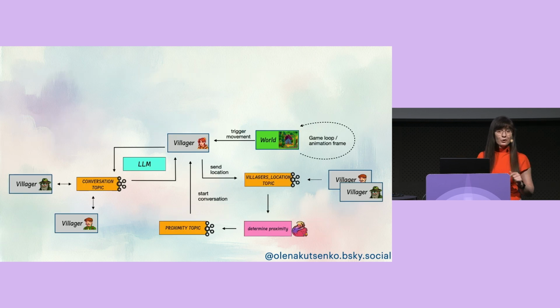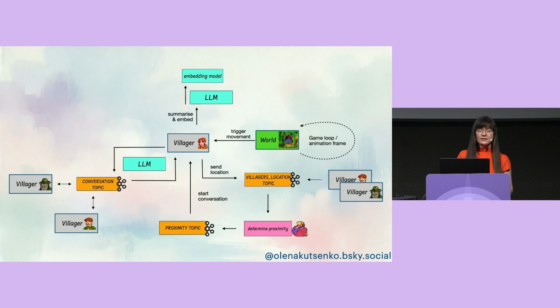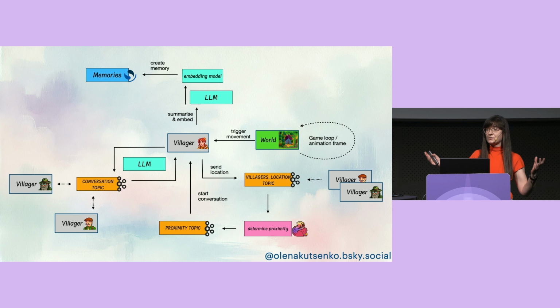So for every conversation, what we do now is use an LLM to summarize the conversation, and then we embed that summary and store it in the memories of each agent. So each agent has their own table, or index, in OpenSearch, and we can store all the summaries for each conversation which that agent did there.